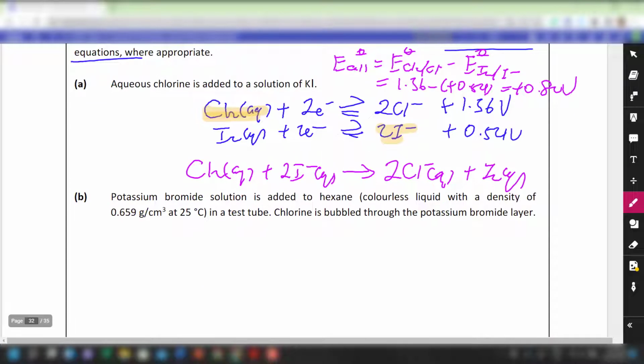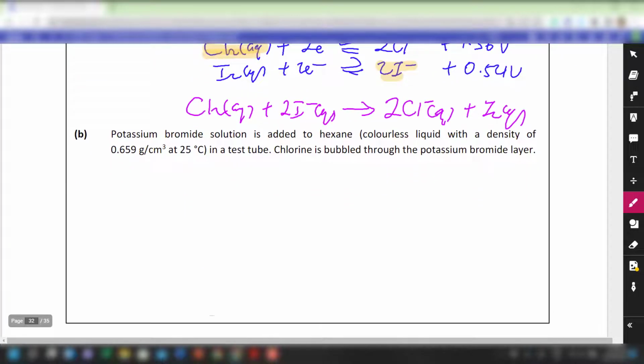Right, next for part B, potassium bromide solution is added to hexane. Hexane is a colorless liquid with a density of 0.659 grams per cubic centimeter, so it is less dense than water. I will bubble chlorine into the potassium bromide layer.